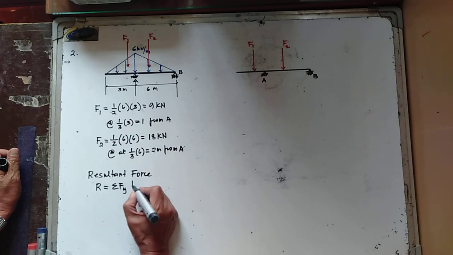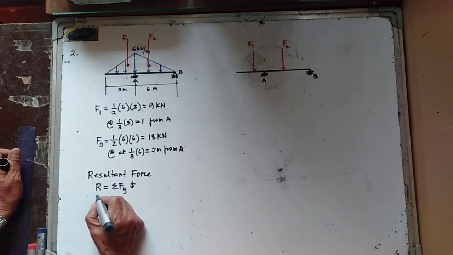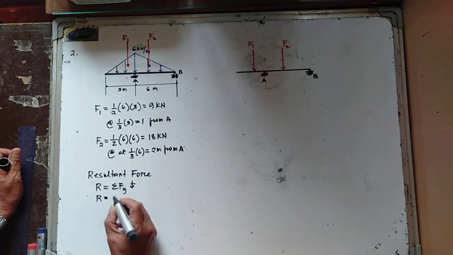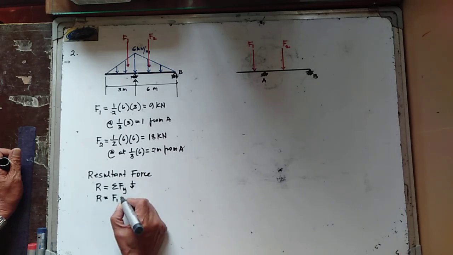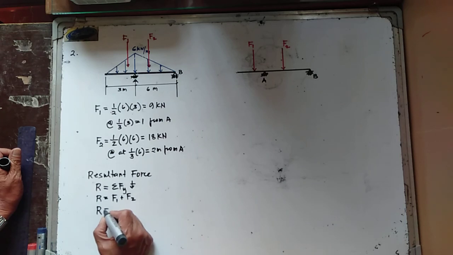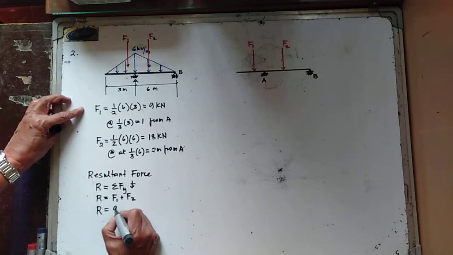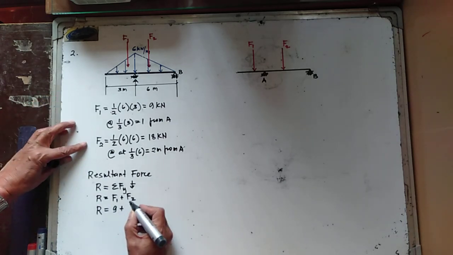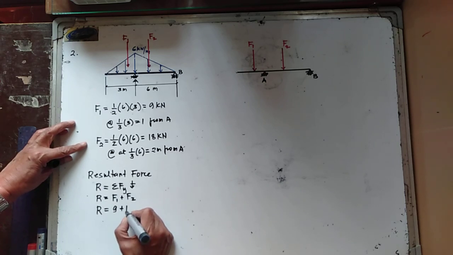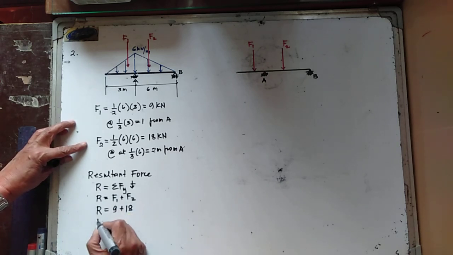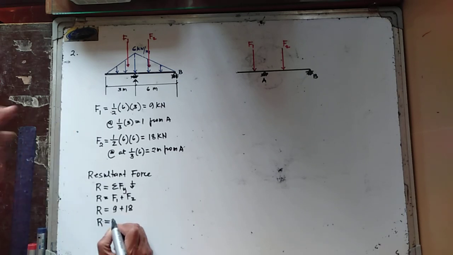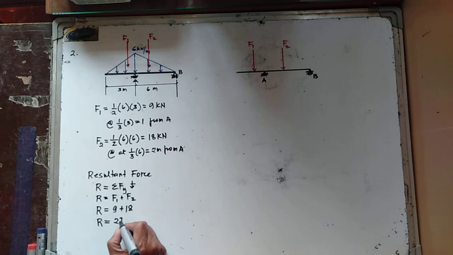I'm going to consider that the downward forces are positive. So your R is now equal to F1 plus F2. So we have 9 plus F2, and that one is equal to 18. Therefore, the magnitude of the resultant is equal to 27 kilonewtons.